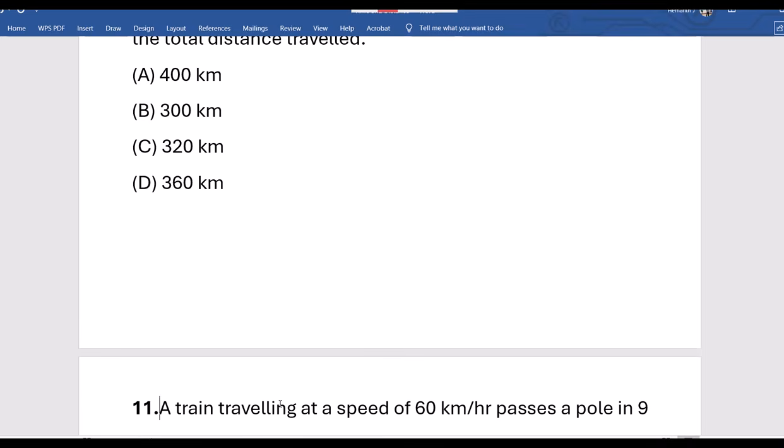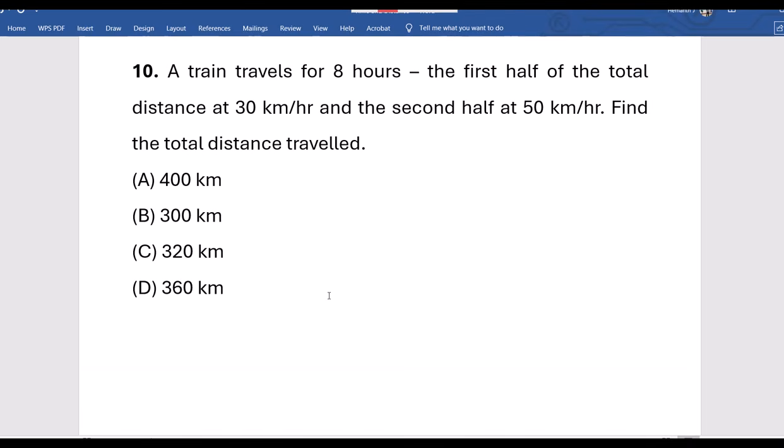There are different ways of handling this question. First half of the total distance 60, second half 50. See, 8 hours is nothing but D, half of the distance D by 2. Here half of the distance D by 2. 8 hours is timing.